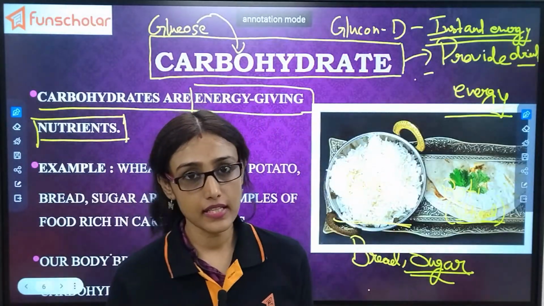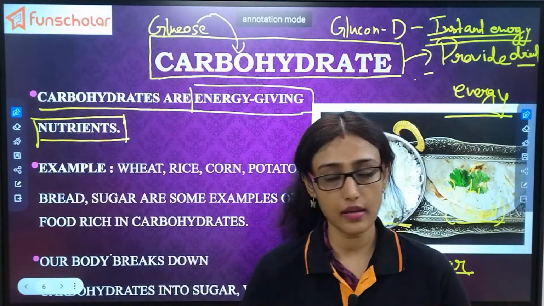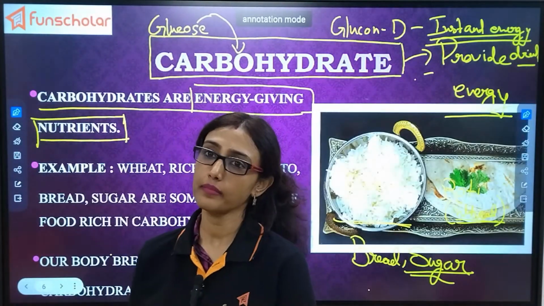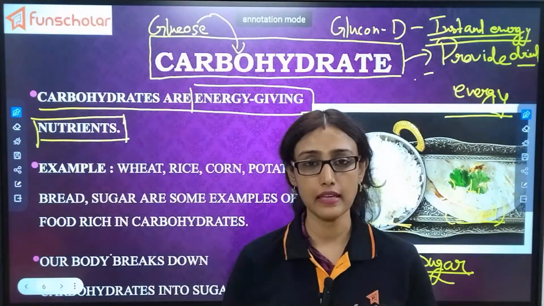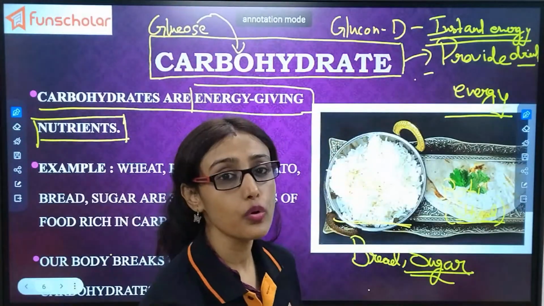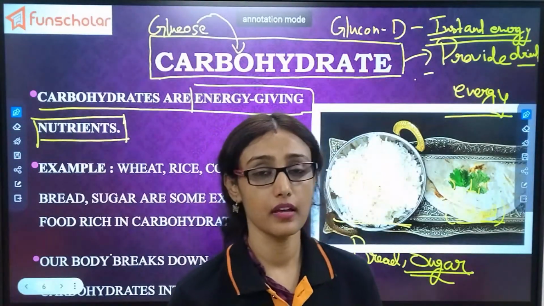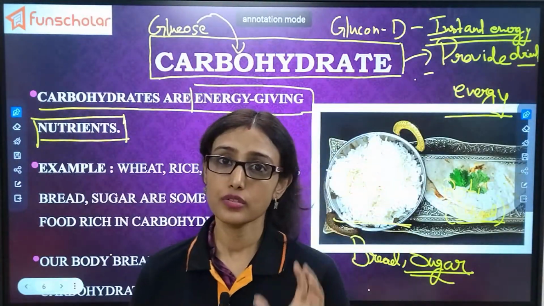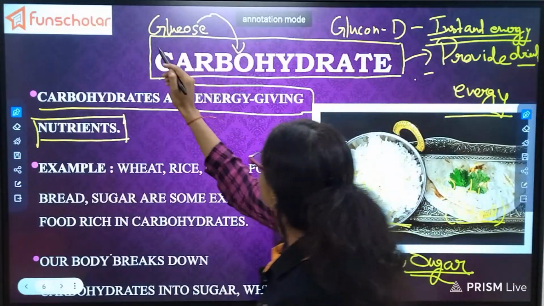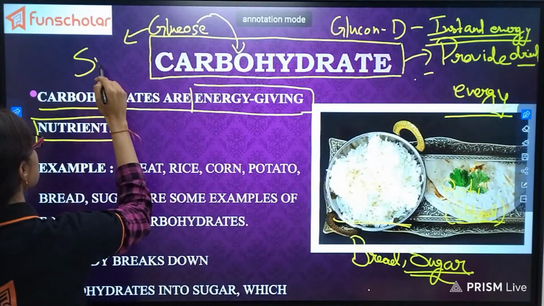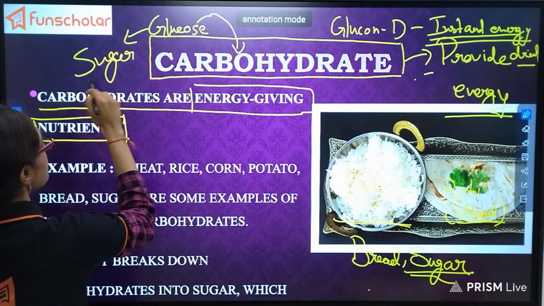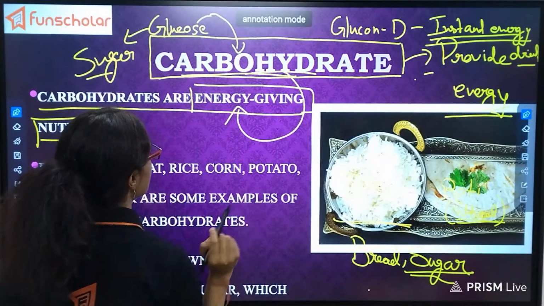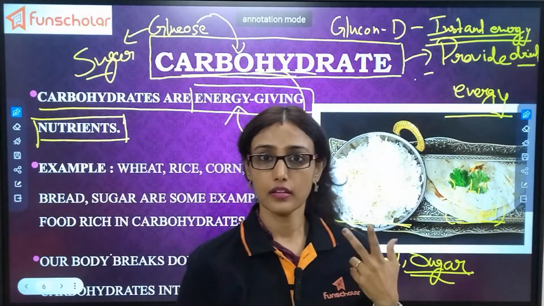Suppose now it is very hot during the summer time. You come home from school or you come in the evening from playing. Your mother gives you glucose or a kind of sherbet where she mixes sugar. What is sugar? Sugar is nothing but glucose. And what does it give you? It gives you carbohydrate, which is nothing but an energy giving drink, right?